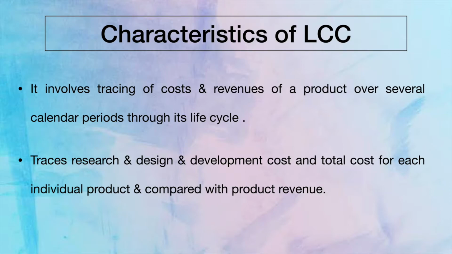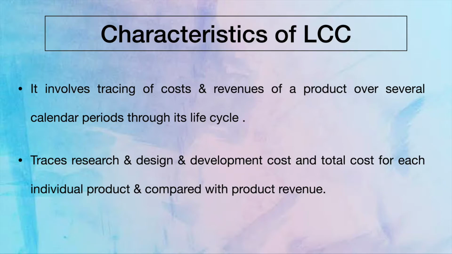This entire process doesn't happen within a week or 6 months. It can take years, since I'm analyzing the life cycle of a product. That's why it's called over several calendar periods through its life cycle. So that's the number one characteristic: it traces cost as well as revenue of a product.